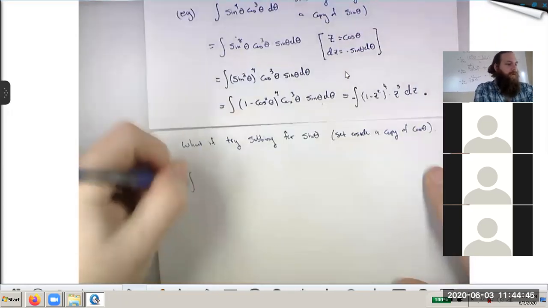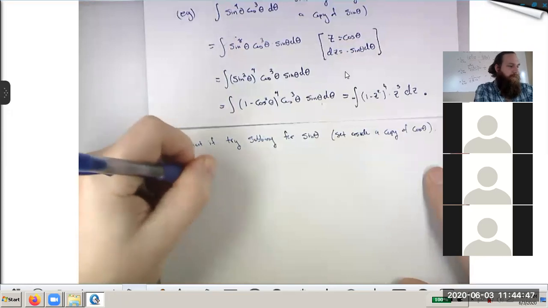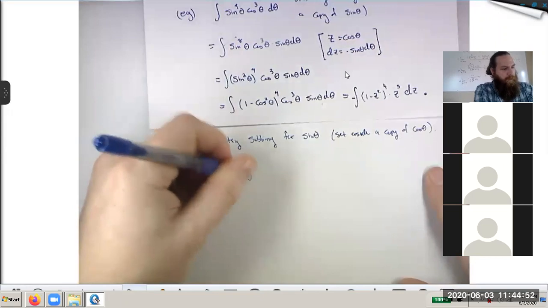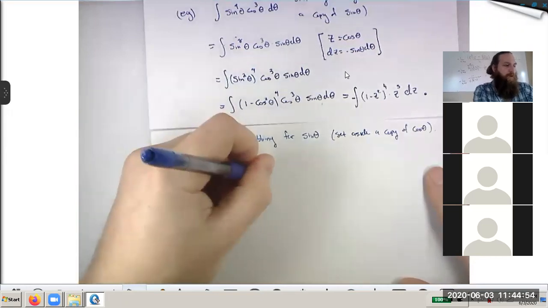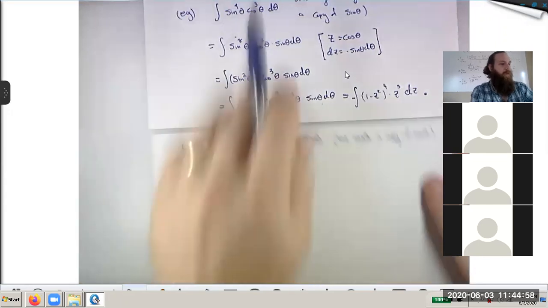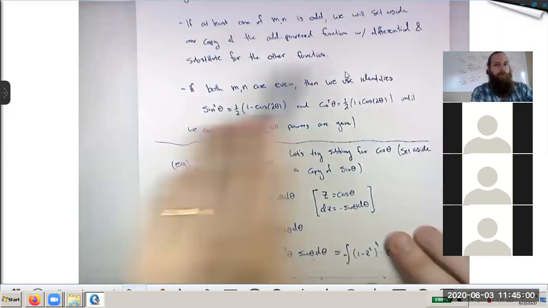So I'm beginning again with sine to the 9 theta times cos cubed theta d theta, same integral as the first time, but now I'm going to try attacking it this other way, because according to what we set up here, we could do either.